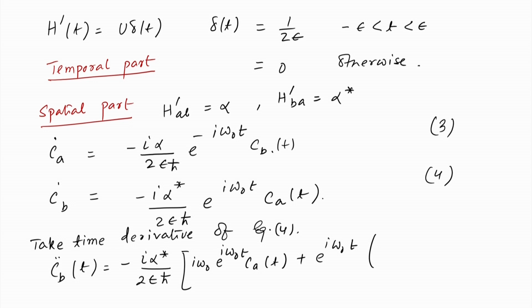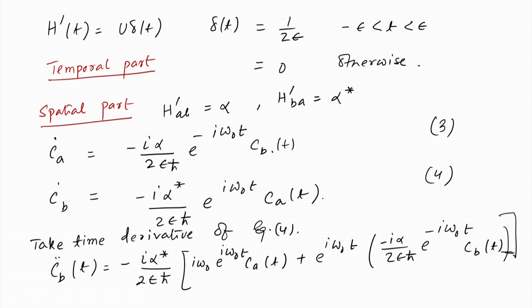In the last part of equation 4, I replace equation 3, which is minus i alpha divided by 2 epsilon h cross exponential minus i omega t and C_b of t, and so on.